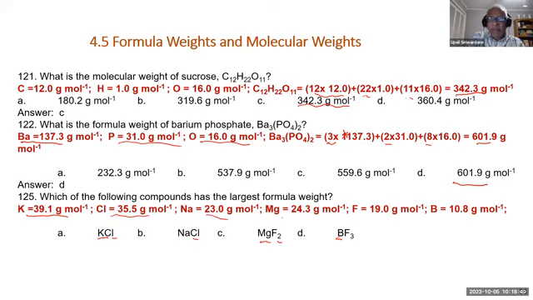Then you add them up to get the formula weight of each compound. They asked for the largest formula weight. Since potassium is the heaviest among all of them, and then chloride is the next heaviest, potassium chloride is the heaviest of all, with the largest formula mass. Therefore, the answer is A.